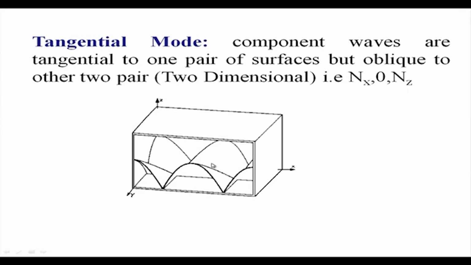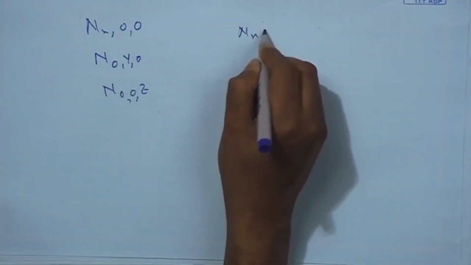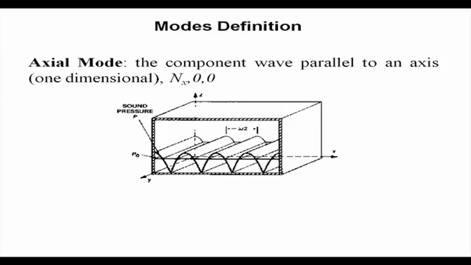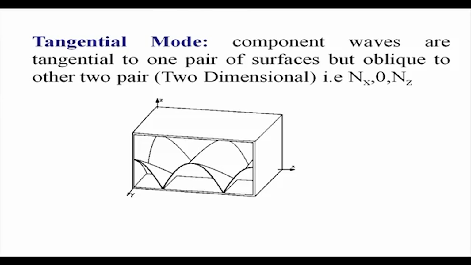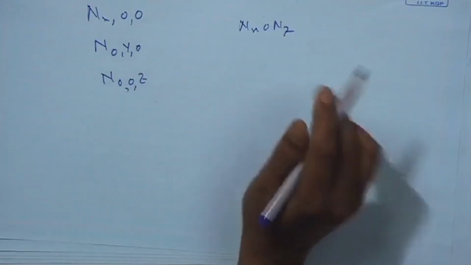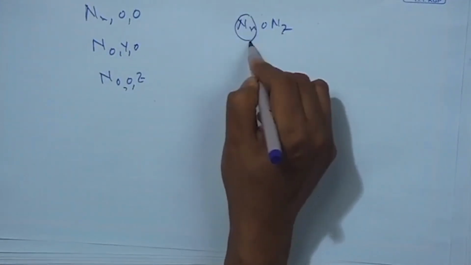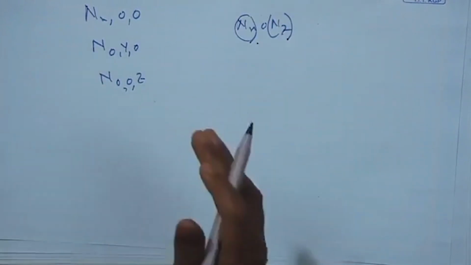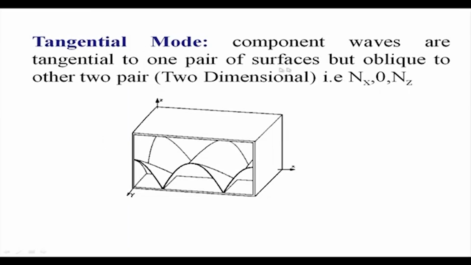That means it should have two modes, so it is n x 0 n z. The mode exists in the x and z dimensions and the other is not there. Similarly, x and y, z will not be there. That is why we call it a tangential mode.